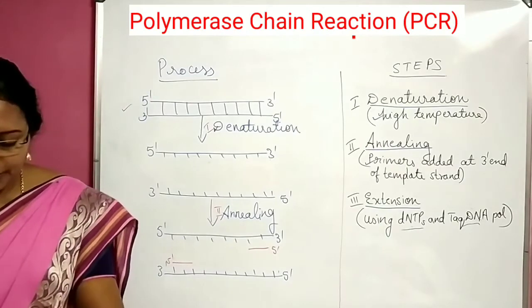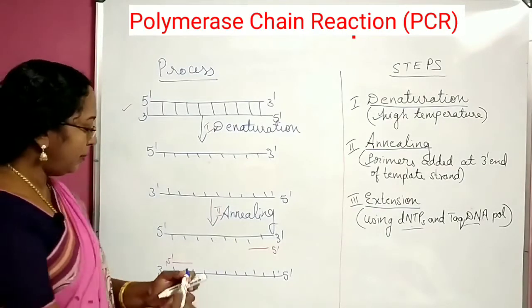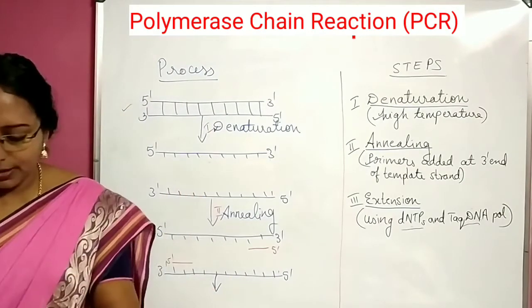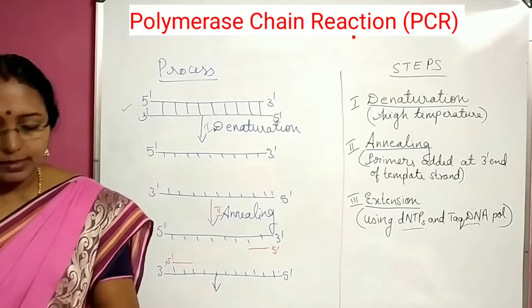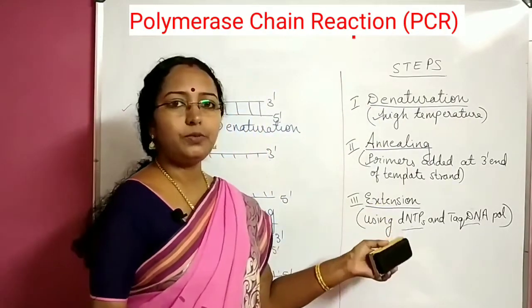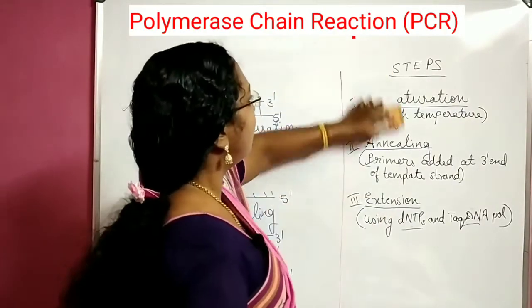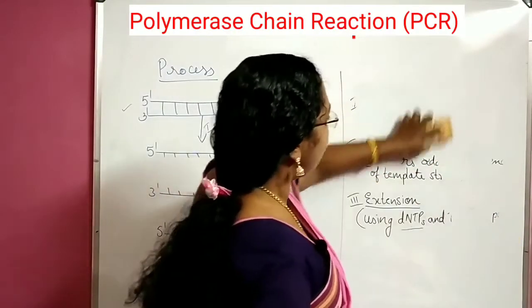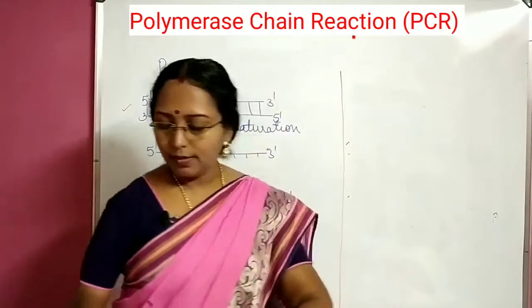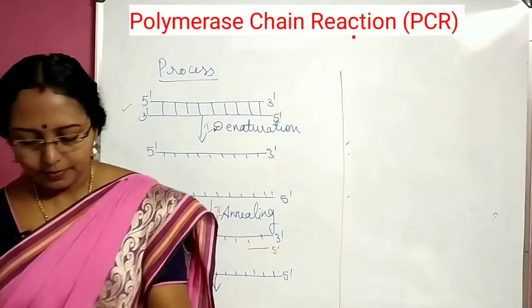So extension, I'm putting an arrow here, and this is extension. After extension, what happens? I'll just draw it here for you. These 3 steps are noted down here so it is easy for you to understand. So after extension, how does it look? The same arrow I am putting here.